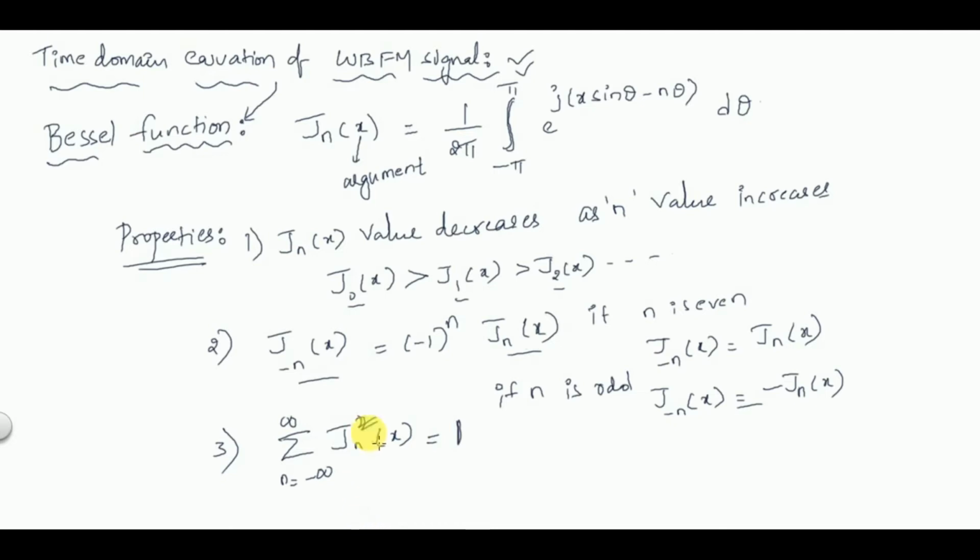If you take the square of the Bessel function for all the values of n, then its sum is equal to 1, that is, the mean square value is equal to 1. So if you learn this Bessel function formula and these three properties, we are going to use them in the analysis of the WBFM signal.